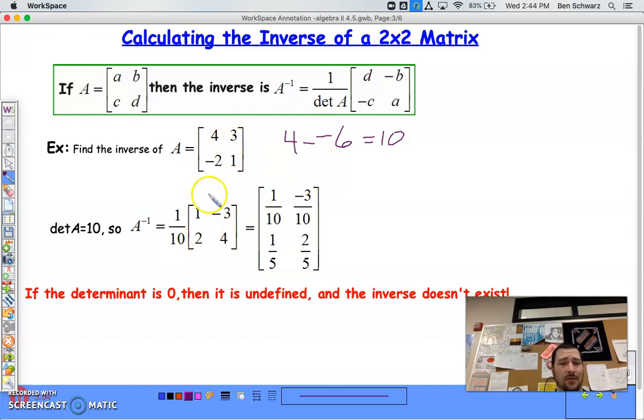Last step is to just multiply. So 1/10 times 1 is 1/10. 1/10 times negative 3, 1/10 times 2, 1/10 times 4, and this is your inverse matrix. So pretty simple there. If you get a determinant of 0, you can't take 1 divided by 0, so it's undefined and you would not have an inverse.